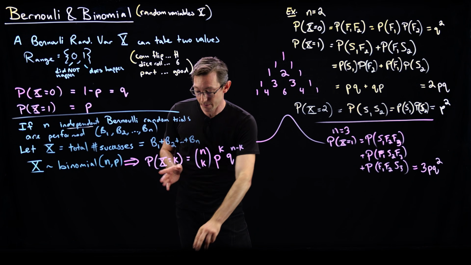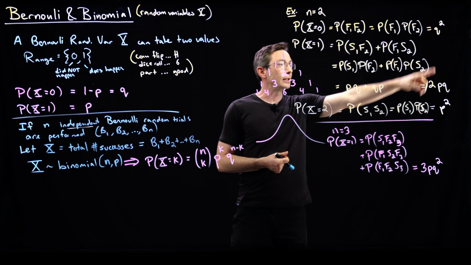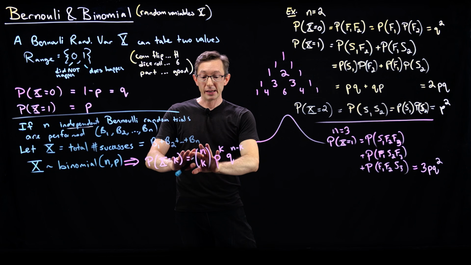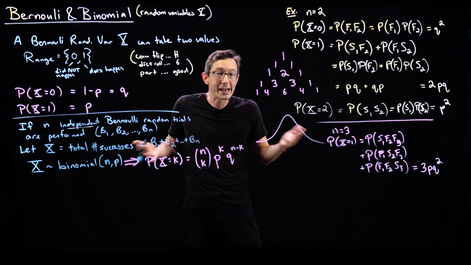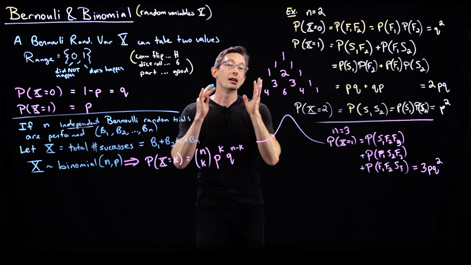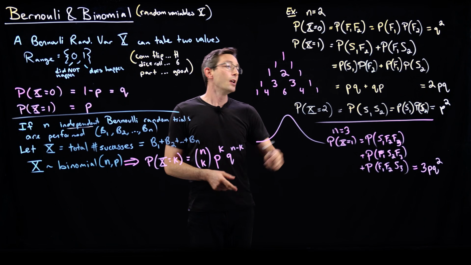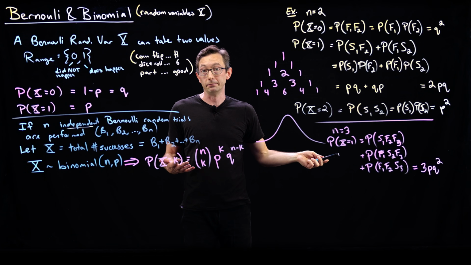This is another exercise I think would be really good for you to do. Verify that these probabilities add up to 1. The sum of all of these probabilities over all the values x can take always has to add up to 1. That's one of the most fundamental properties of all of probability, that probabilities add up to 1. So convince yourself that these probabilities add up to 1.